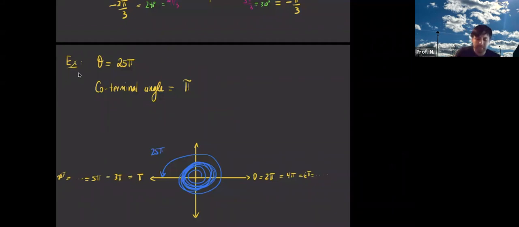And that's pretty simple. It's just pi. It represents the same terminal side. It's just that for one of them, you have to go around the xy plane 12 and a half times, whereas for pi, you do half a revolution around. But again, it's the same terminal side.